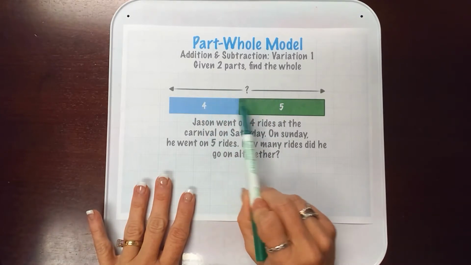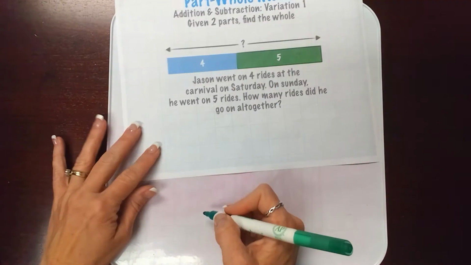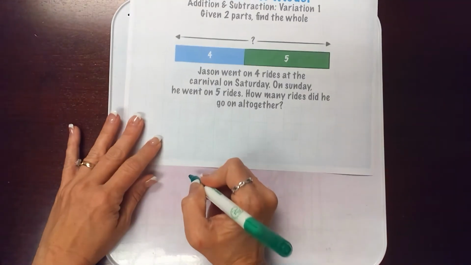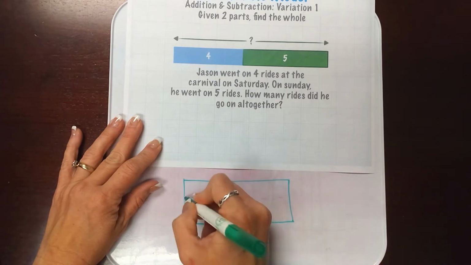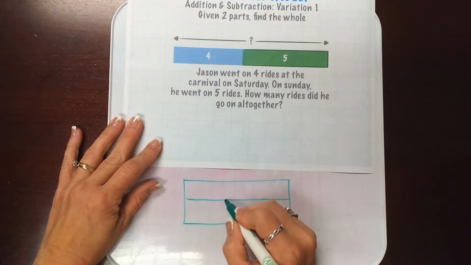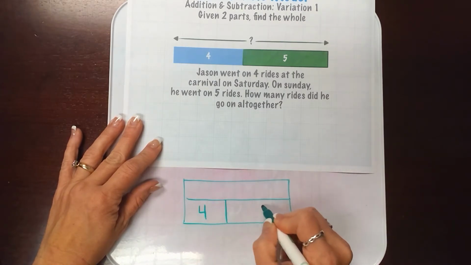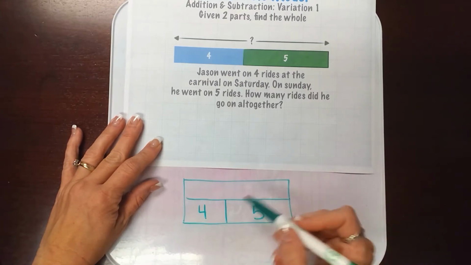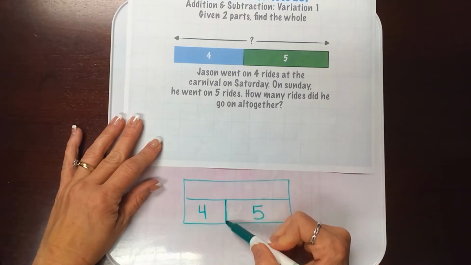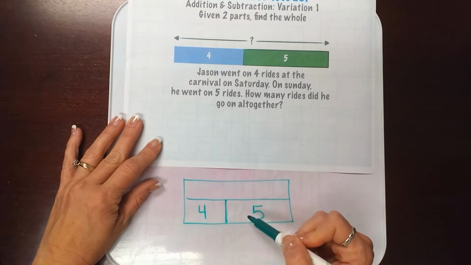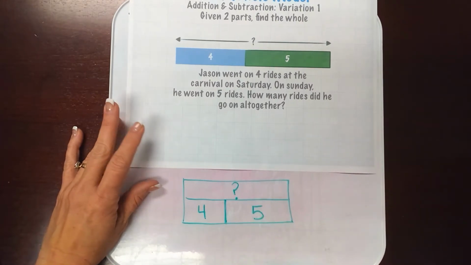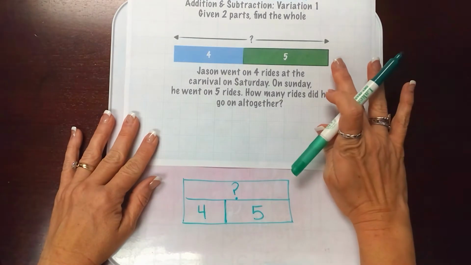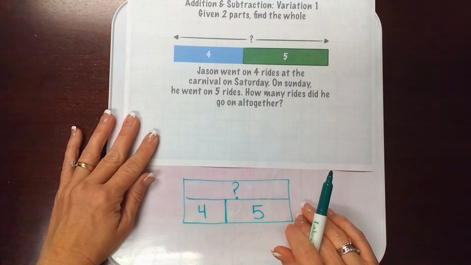So this is one type of strip diagram they can do. They may also see it, you can have them draw it in the rectangle as well. The important thing in an addition strip diagram, though, is to make sure that the parts are unequal and it's representative of the amounts that are in the problem. Okay, so that's your addition part whole strip diagram, either this way or this way.